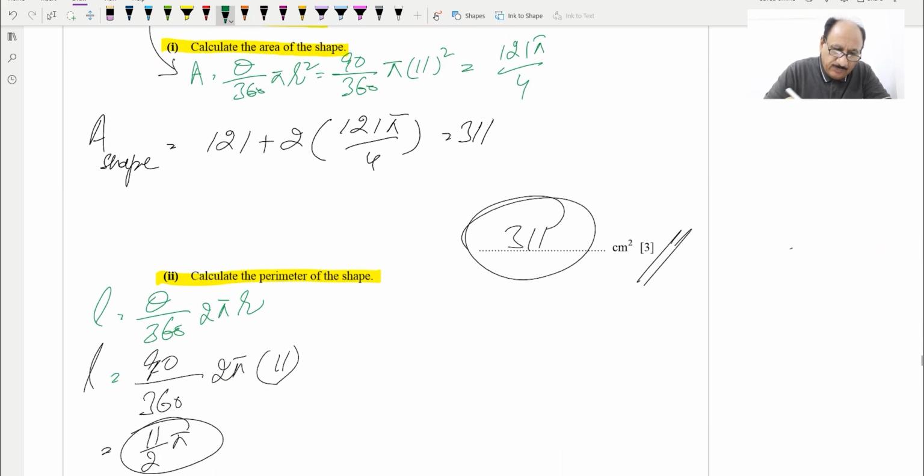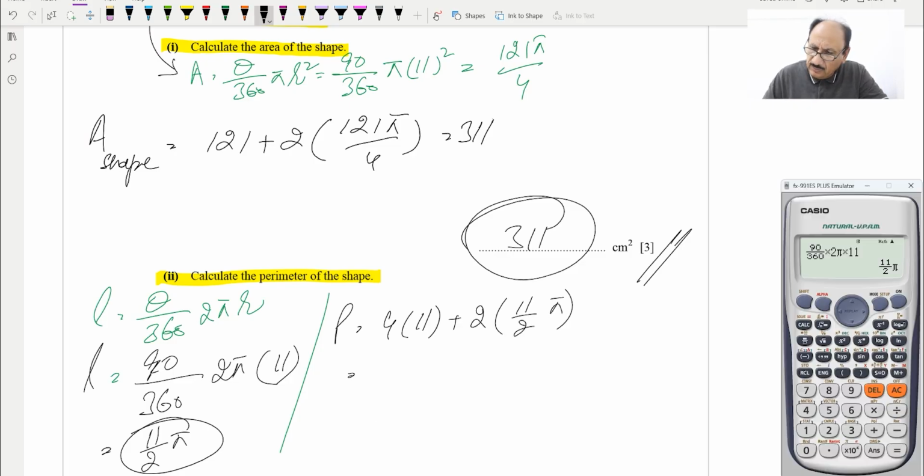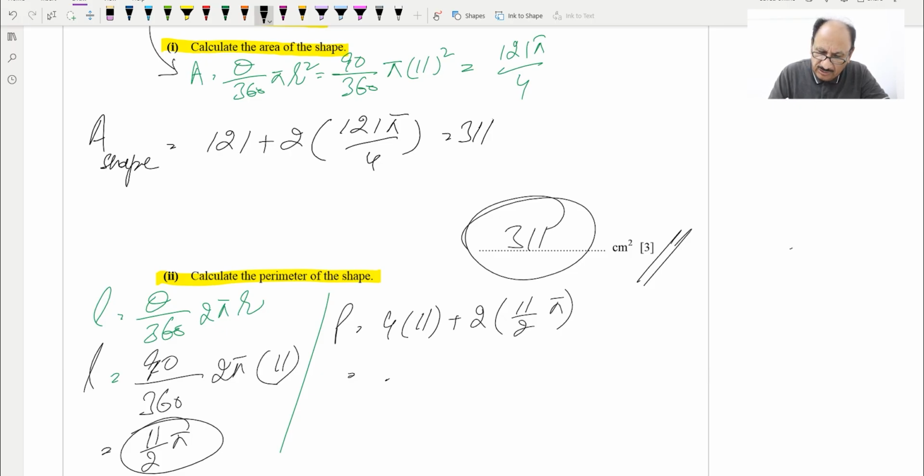So the total perimeter is equal to 4 into 11 plus 2 into 11 by 2 pi. This will be the total length, and we can write 4 in brackets 11 plus 2 in brackets 11 over 2 into pi, bracket close, and this is giving us 78.55, or we can write 78.6.